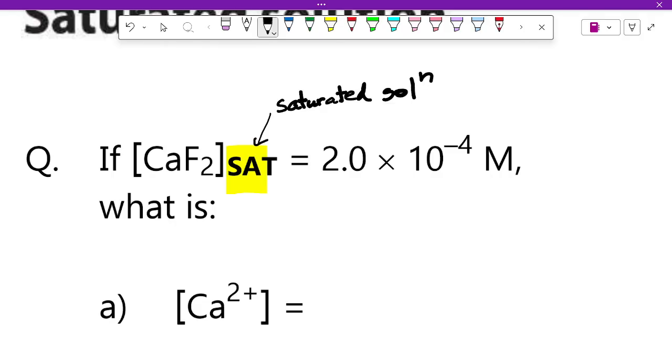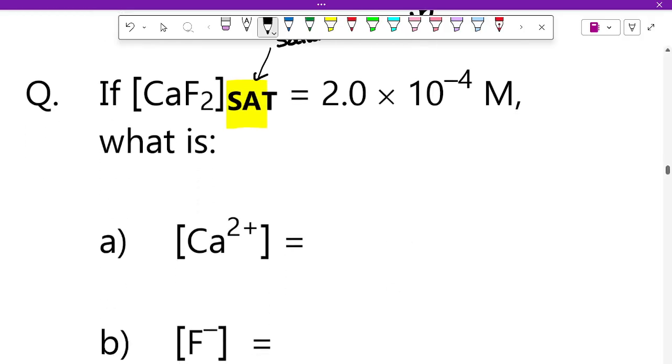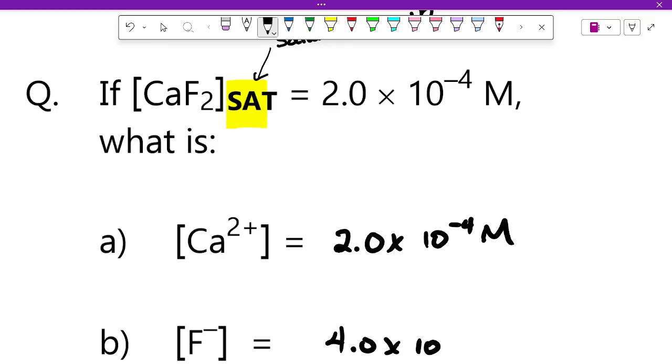If that equals 2.0 times 10 to the negative 4 molar, what is the concentration of calcium? Same thing, 2.0 times 10 to the negative 4 molar. And what is the concentration of fluoride? 4.0 times 10 to the negative 4 molar.